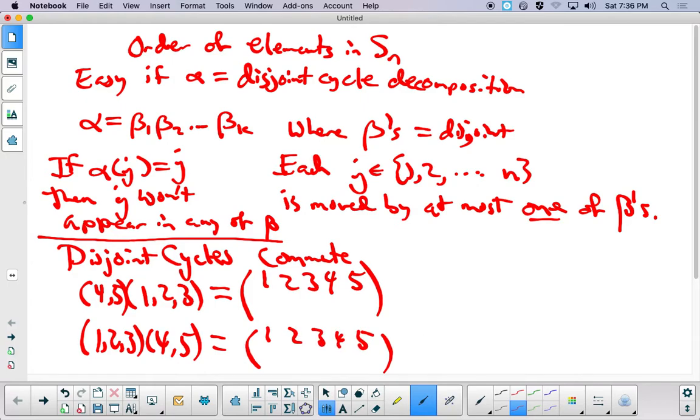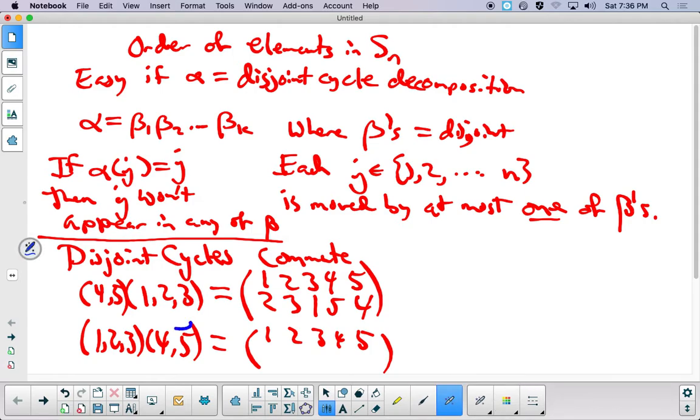Now, in this first one, we start here and go this way. The way we would compute that in two-row notation is: 1 goes to 2, 2 goes to 3, and 3 goes back to 1, and then 4 goes to 5, and 5 goes to 4. In the second one, again, we're starting on the right side and going towards the left.